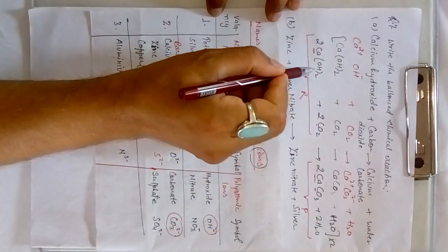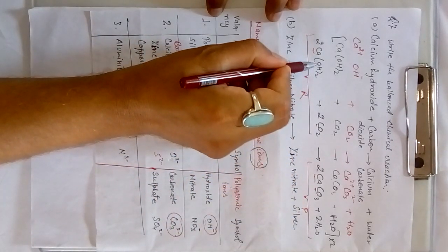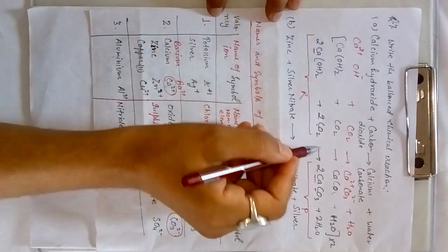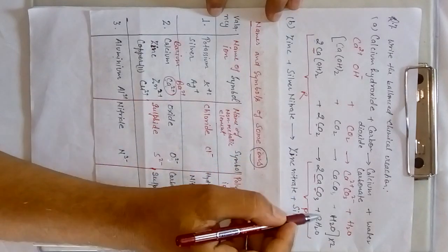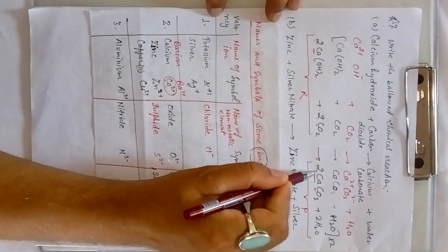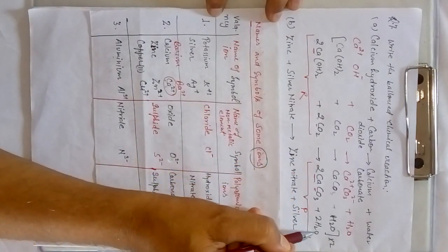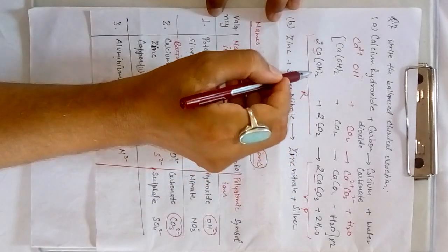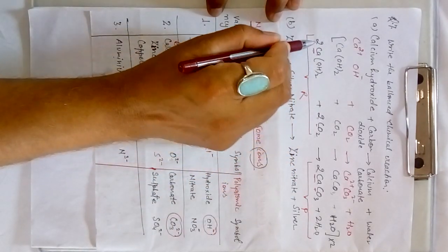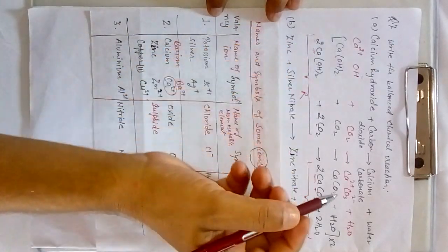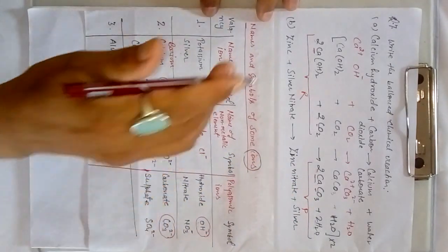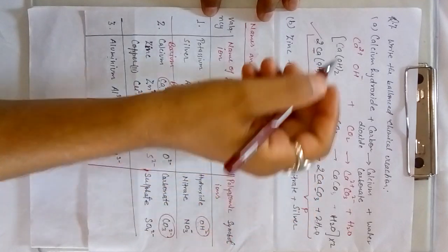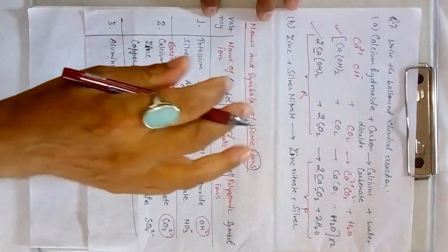Oxygen, here 2 and 2, 4 and 2 is 4, 8 oxygen. So you can see 3 twos are 6 plus 2, 6 to 8 oxygen. Now hydrogen 2, that is 2 twos are 4, and 4 hydrogen here. So this is the balanced chemical equation. This and this both are right.